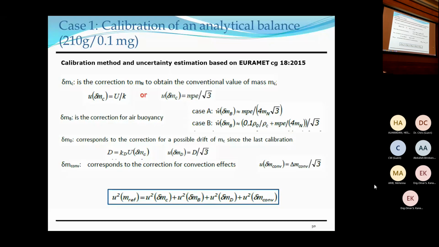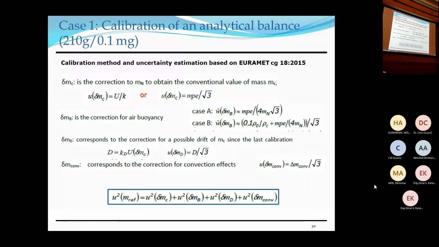It's allowed in many instances because of the requirements of the particular calibration to use nominal values for masses instead of the actual values from the calibration certificates. So if someone does that, you have to make sure then that any errors that go uncorrected because of the way that you're doing things are included in your uncertainty.